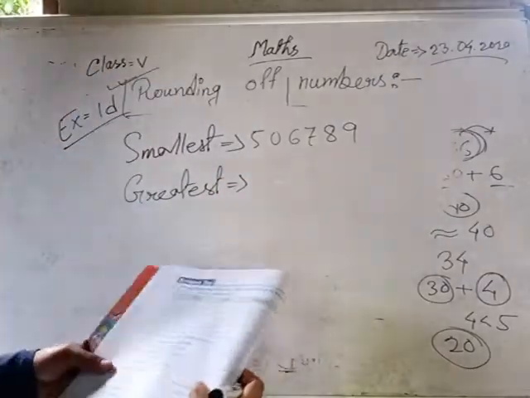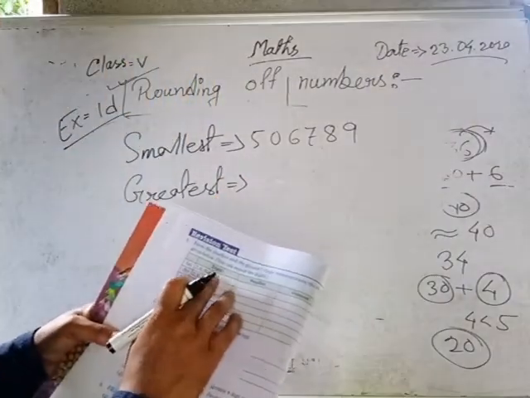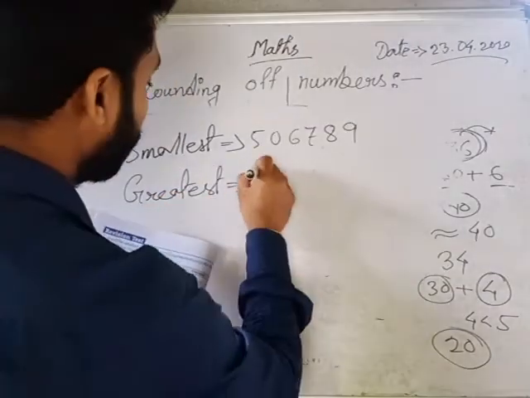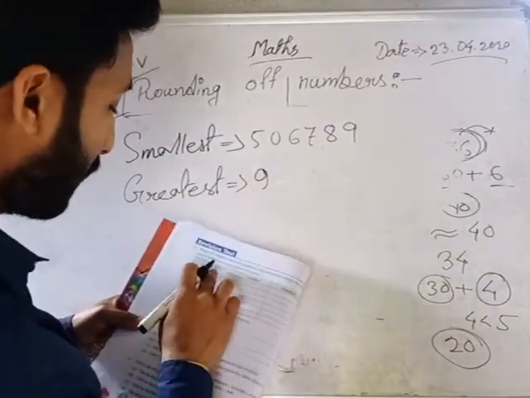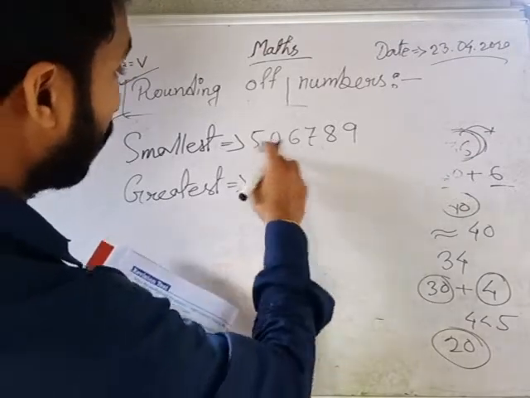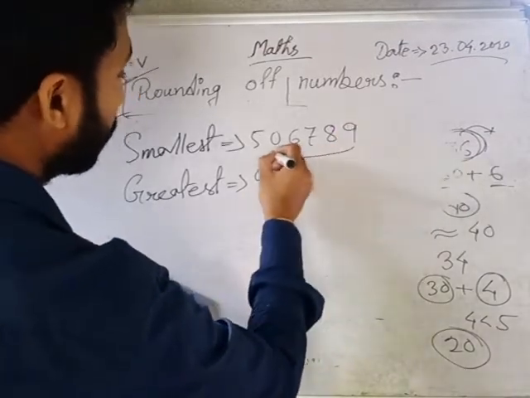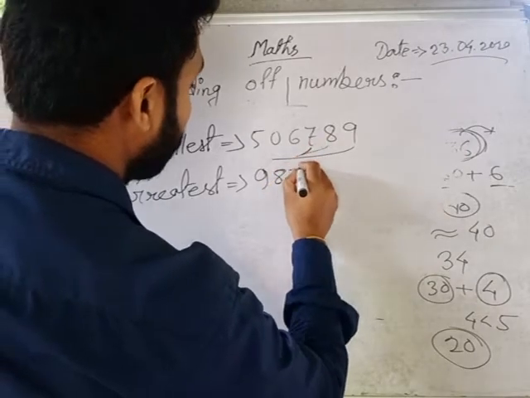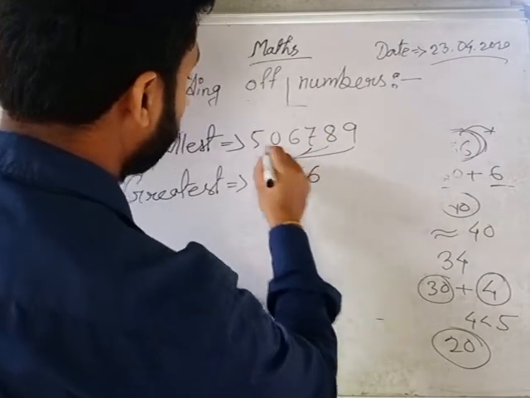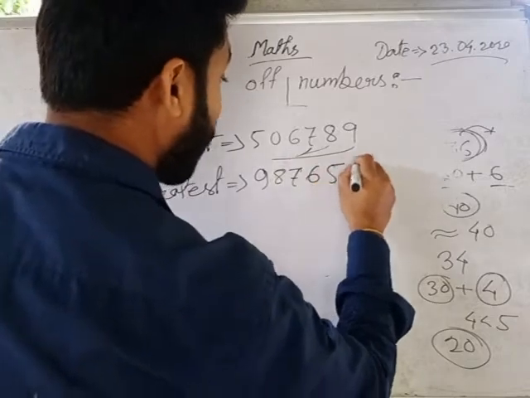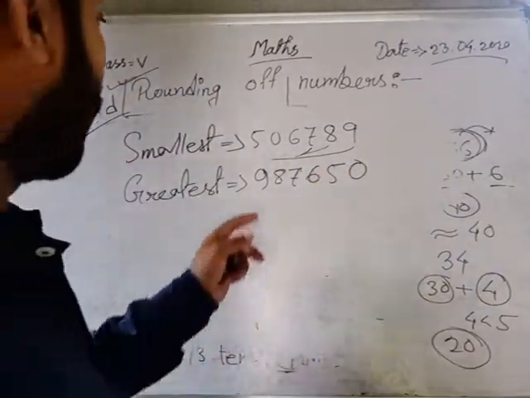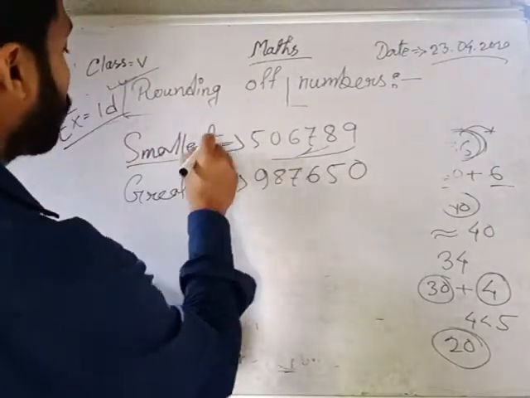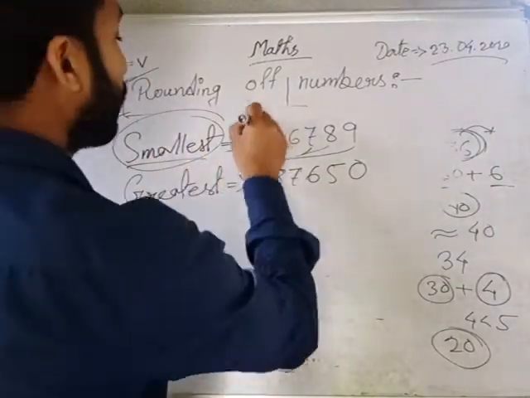Greatest number. We should find the greatest number. Which one is the biggest? 9. So we should write here 9. Then 8, the inverse of the smallest number: 9, 8, 7, then 6, then 5. At last you should write 0, because 0 is the smallest digit.